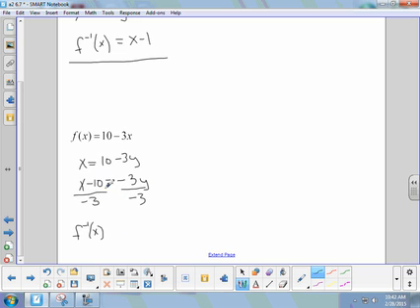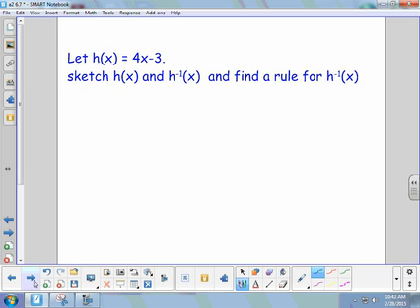I could leave it like that as a fraction, but again, I'm going to separate it out. I'm going to have x divided by -3, which is just -1/3 x. And -10 divided by -3 is going to give me a positive. Again, I end up with a line, so it is a function.